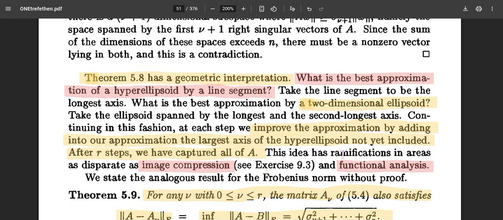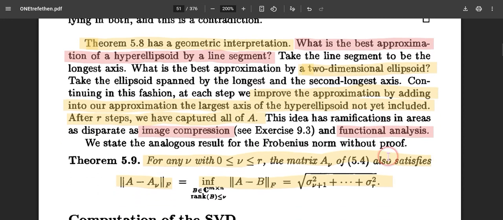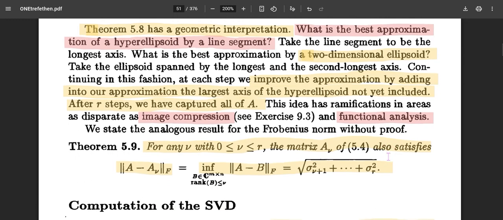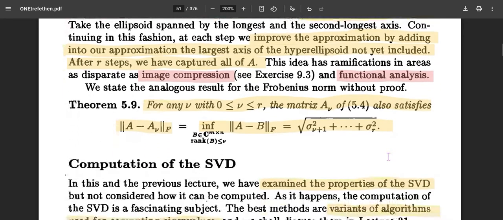It helps us in image compression, functional analysis, and noise removal, and so many applications are related to the SVD. Hopefully we'll see it in the later part of the lecture series.